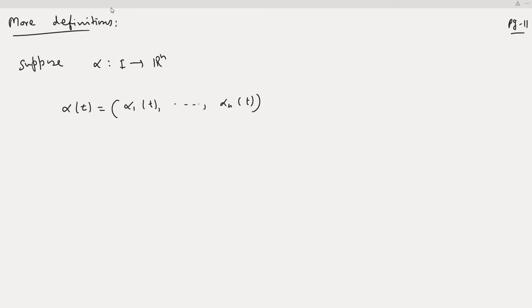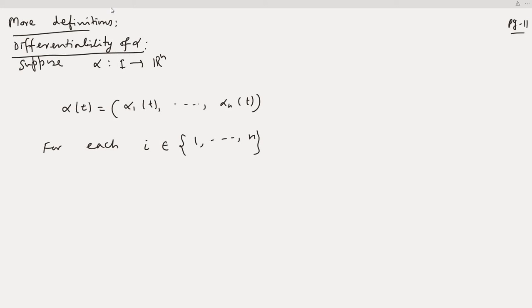Then for each i belonging to the set 1 and so on to n, we have a real valued function alpha i from I to R, so t maps to alpha i of t.